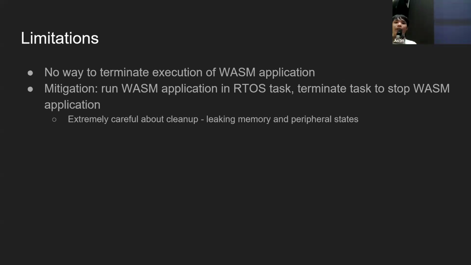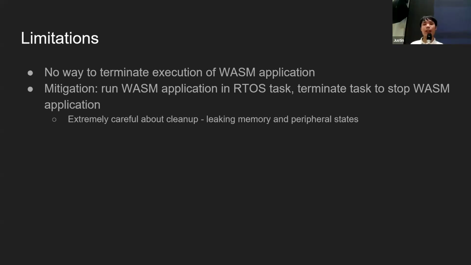And along the same lines, there's no way to really terminate the execution of a WebAssembly application once you run. So these are kind of meant, I think, to be short-lived, validate, compute stuff on an edge device or something. It's not really meant for you to run a constant loop. And if I want to restart the application, I need to be able to terminate and restart it. So my mitigation here, and it's controversial, and I'd love to hear other solutions, is I call my WebAssembly application in a FreeRTOS task, and I kill the task to stop it.